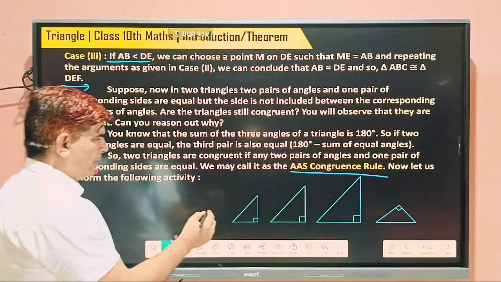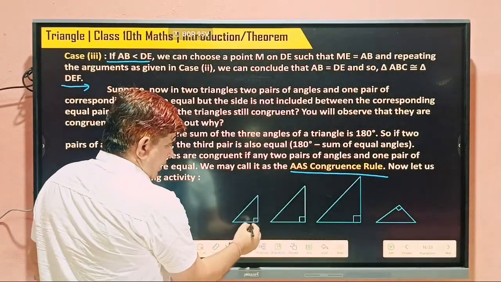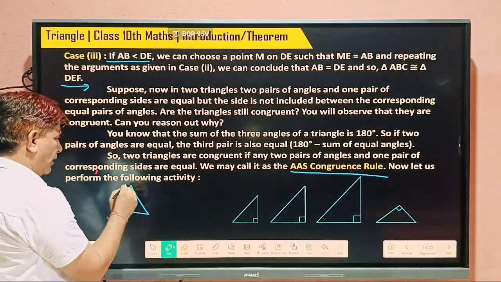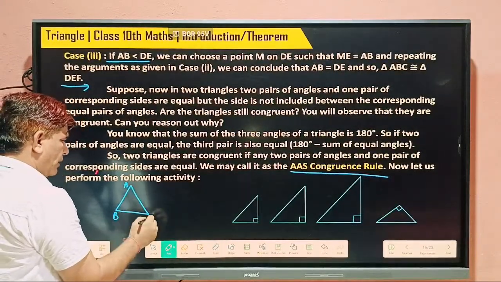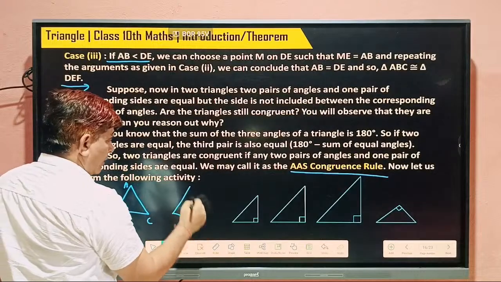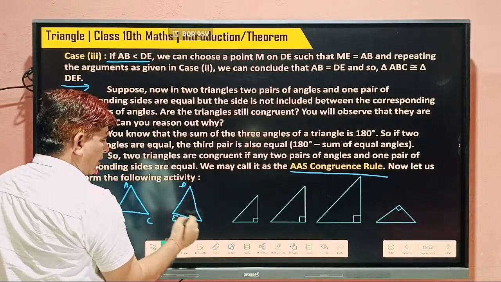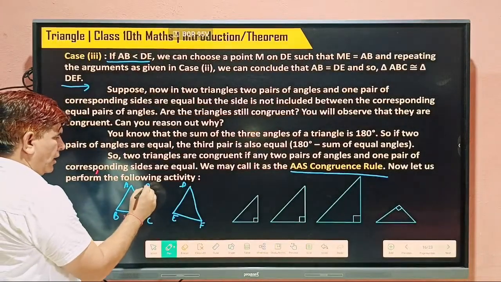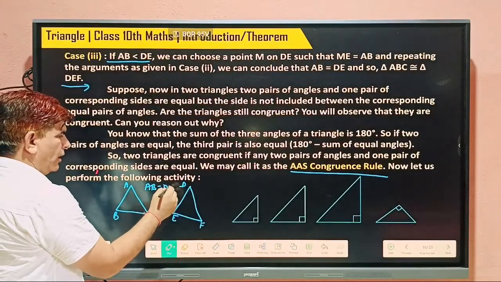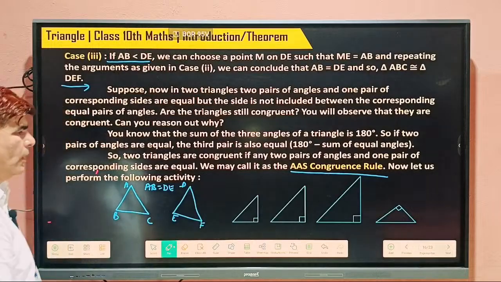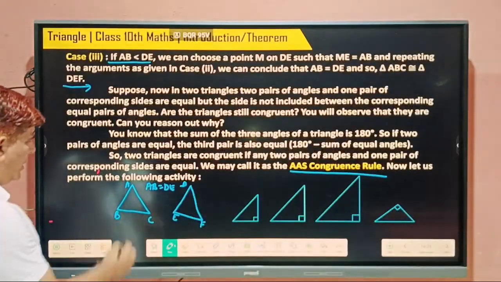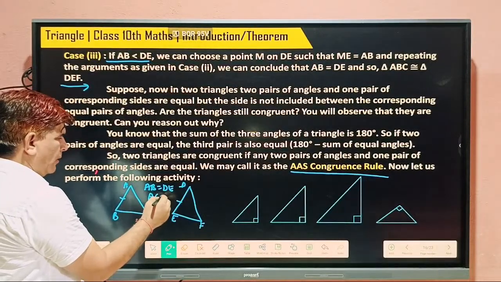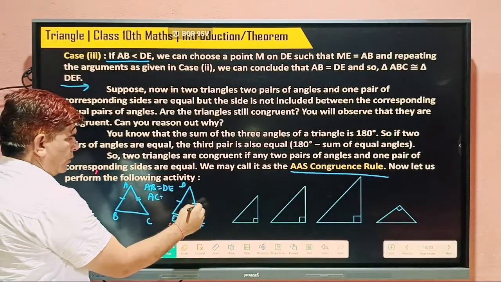So its meaning is this. We are taking two triangles like this: I have taken ABC and this one DEF. Here what's given? AB equal to DE, and AC equal to DF.